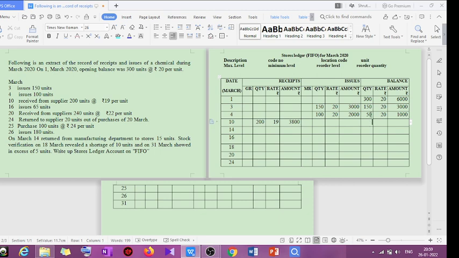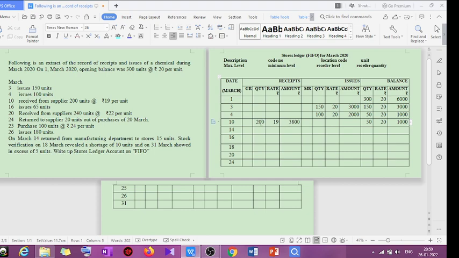Okay, so under FIFO method, first see here the rate is different now. Here it is 20 rupees you have. The next slot, how much do you have? 19. So you can't write together. So under FIFO method, first you mention which slot is available, that is 50, 20 and amount is 1000. This is a slot which was there in the store.